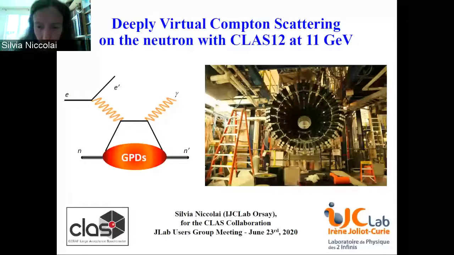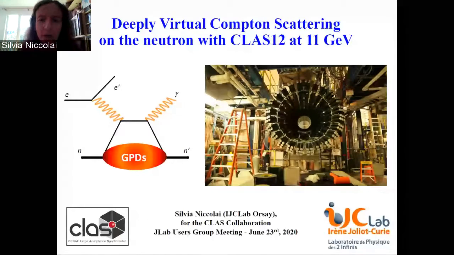Okay, so thanks a lot to Maxime, who made a very nice introduction to the GPD program, especially for the CLAS12 collaboration, and he mentioned the proton program, and now I'm going to focus on deeply virtual Compton scattering on the neutron.